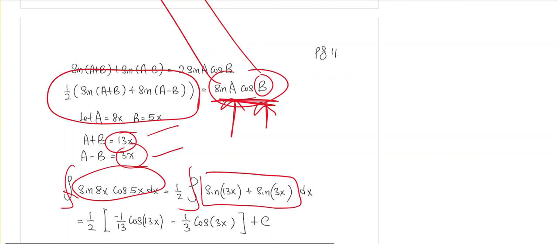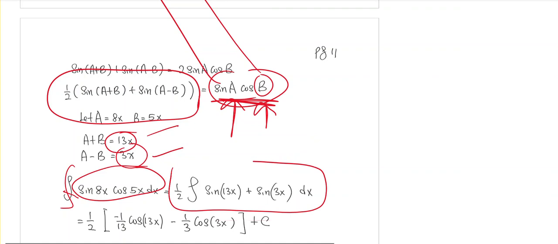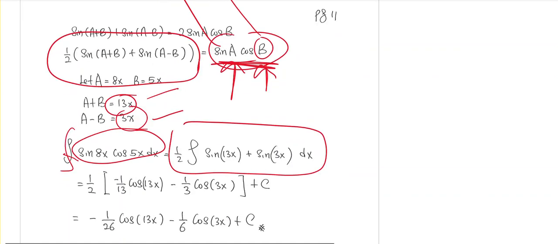So instead of a product of sine and cosine, now you write everything in terms of a sum of two sine functions, and that is something that you know how to integrate. So integrating this is not a problem. You know right away that you're going to get this, and then simplify a little bit, and you will have that as your answer.